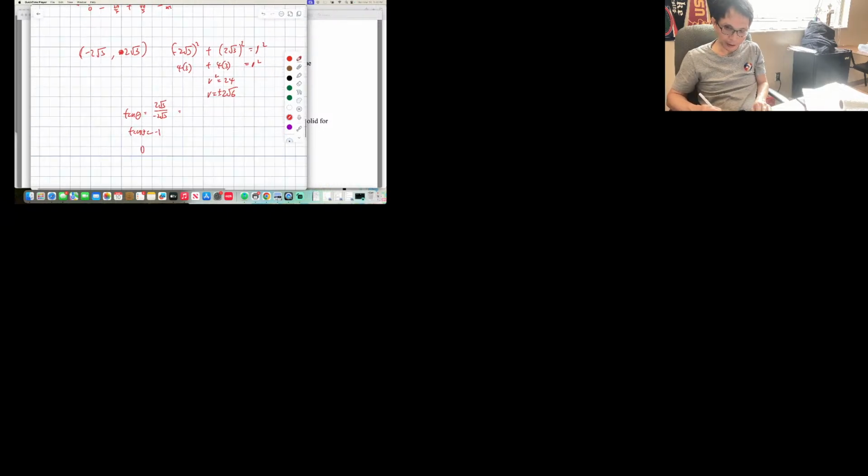So tangent theta is negative 1 is what? Yep, 3 pi over 4 and 7 pi over 4. So now it's possible to put in the right combination. For me, in order to find the right combination, I can always graph the rectangular point. So rectangular is going to be negative 2 square root 3 and 2 square root 3, so something like this. So we know it's in this quadrant.